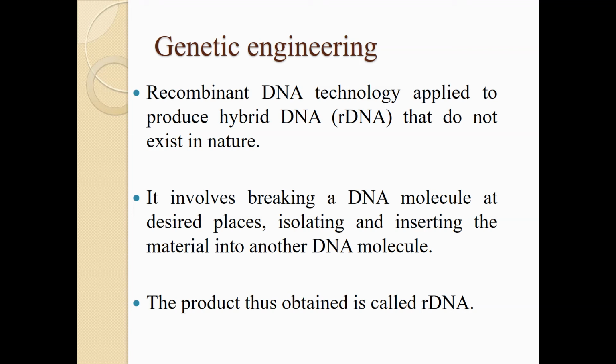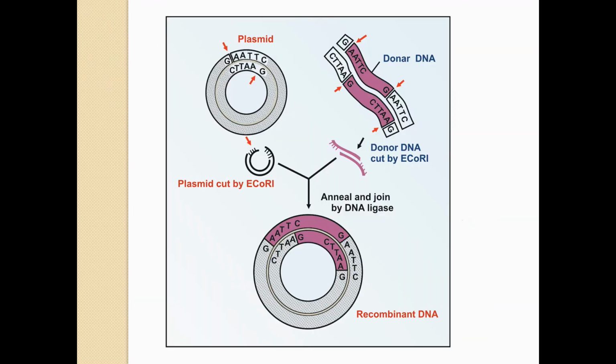Then these insulin genes will be expressed, we will synthesize the mRNA from it, and then it will synthesize the protein. So in a shorter duration we can gather a large amount of protein. Insulin was the first protein synthesized by this technique, recombinant DNA technology. This is the highlight of how it is done.